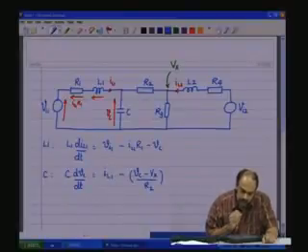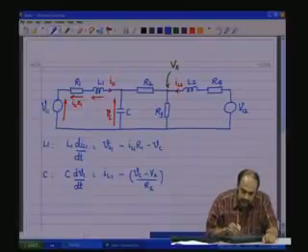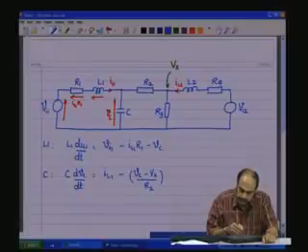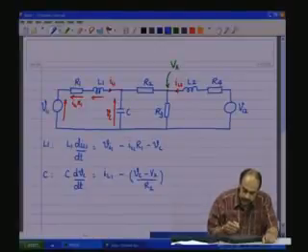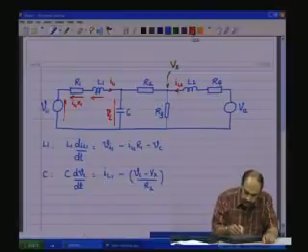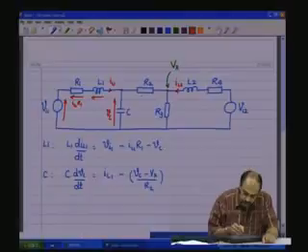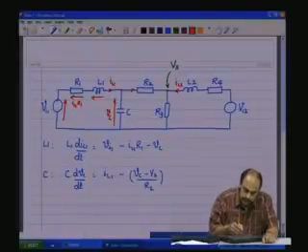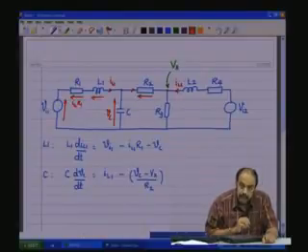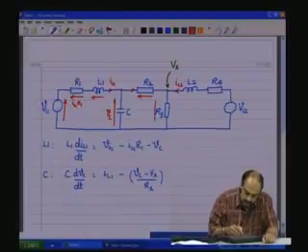Now, if you look at this potential Vx here, the potential Vx is nothing but Vc minus the potential across R2, or in other words, if we assume that there is a current flowing in this direction, then we have a potential here which is in this direction as shown, and this is the potential Vx.